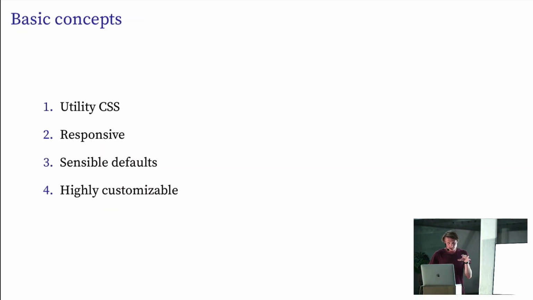So these are the basic concepts behind what Tailwind is. It's first a utility CSS approach, where you have these CSS classes that you use to style your application. It has really great built-in support for responsive classes, and comes with sensible defaults. So often you can just start using the defaults and get going pretty quickly. At the same time, everything is customizable.